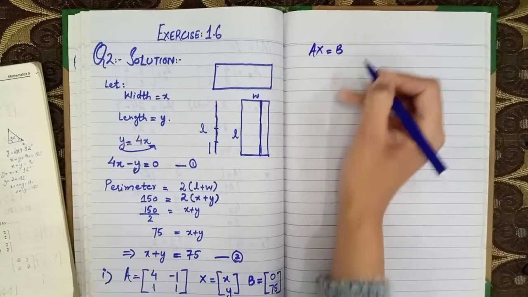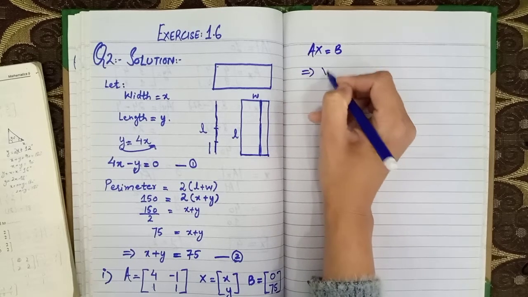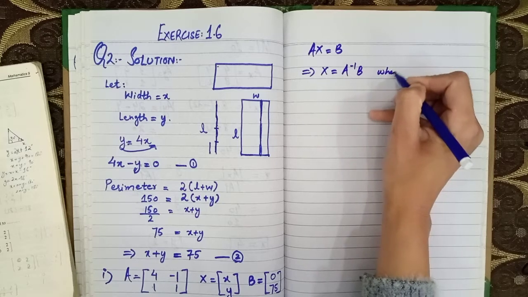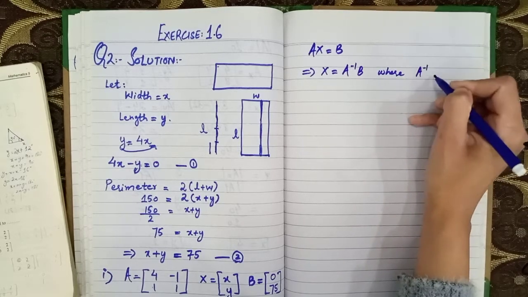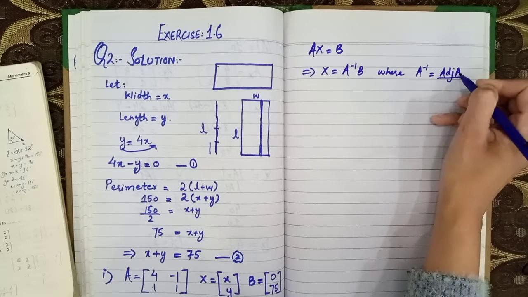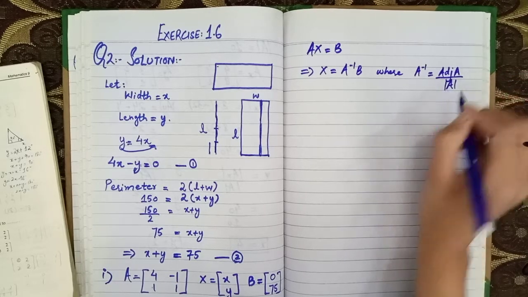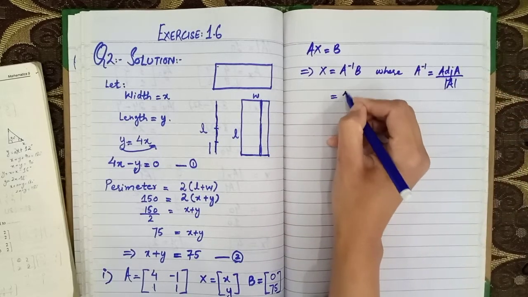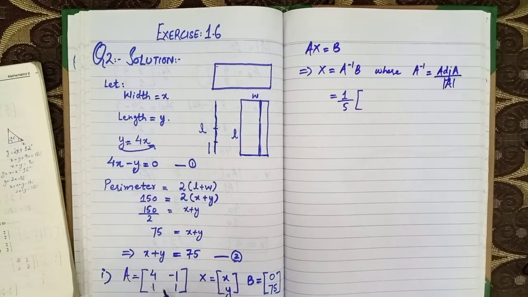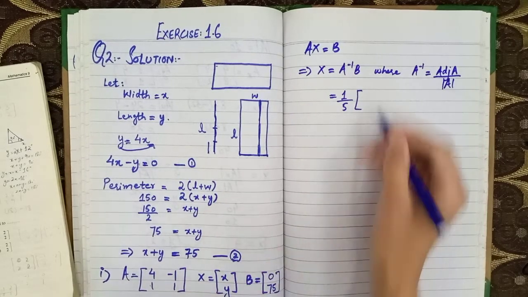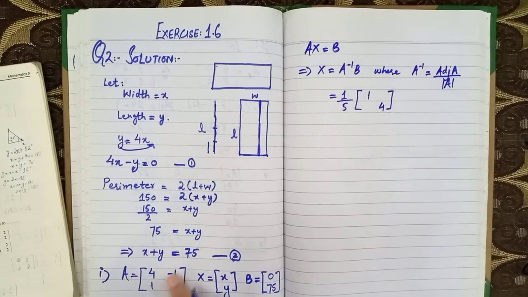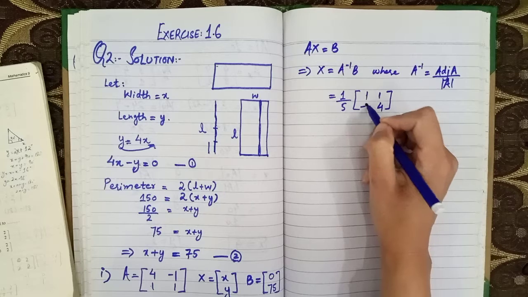AX equals B, generally it is, then X equals A inverse B, where A inverse equals adjoint of A divided by determinant of A. So write determinant like this and write the adjoint. Change the places of 4 and 1 and change the sign of minus 1 and 1.